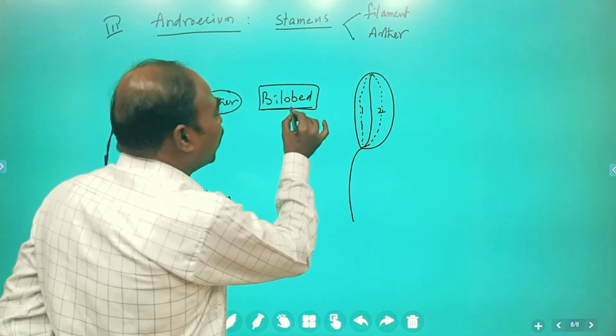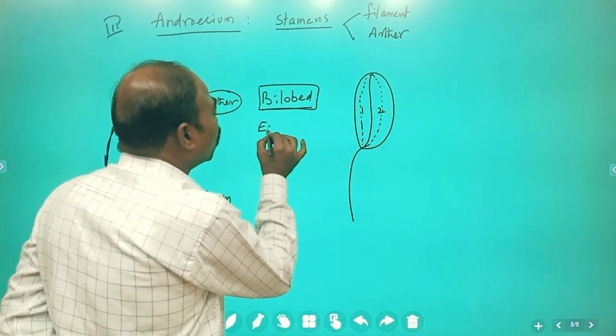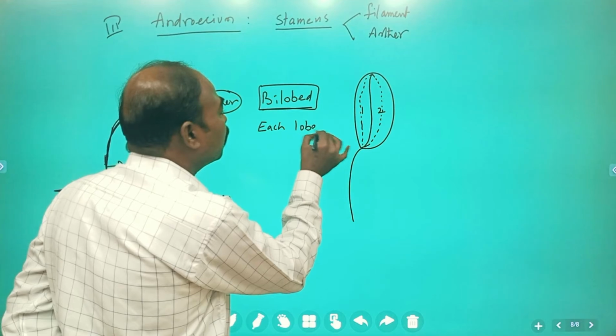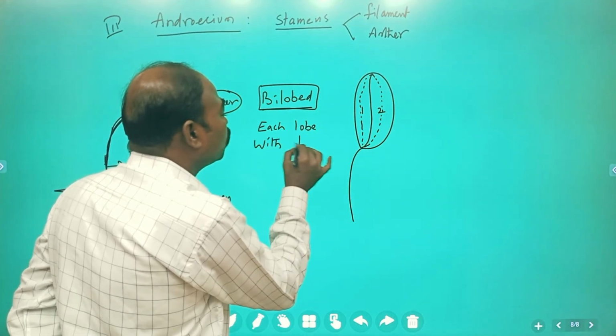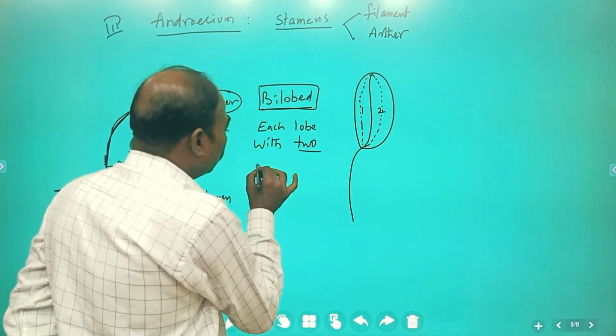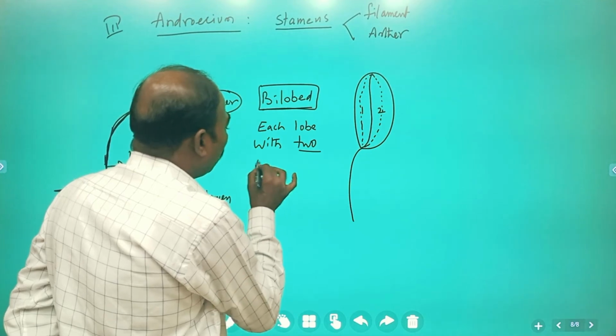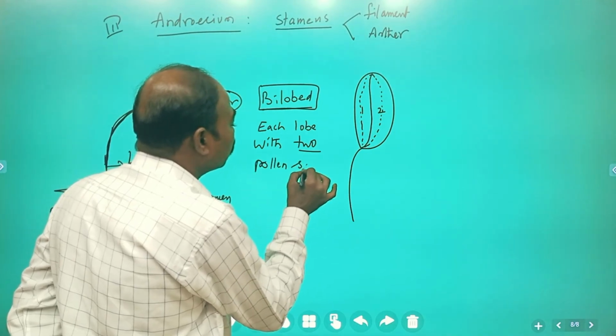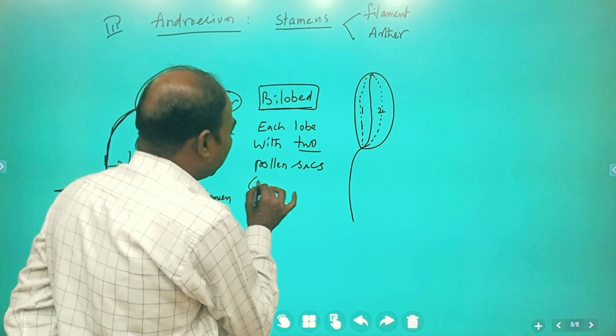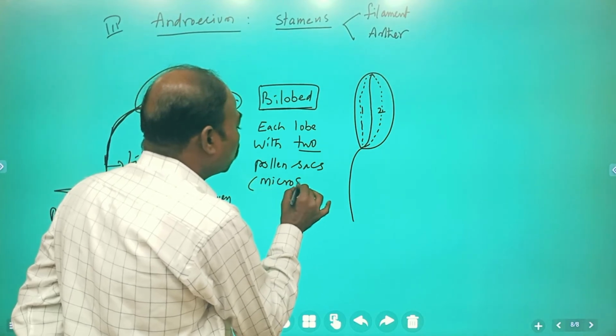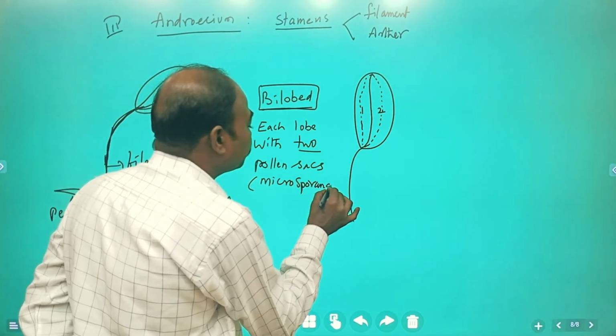So in a bilobed anther, each lobe with two pollen sacs, which are otherwise called microsporangia.